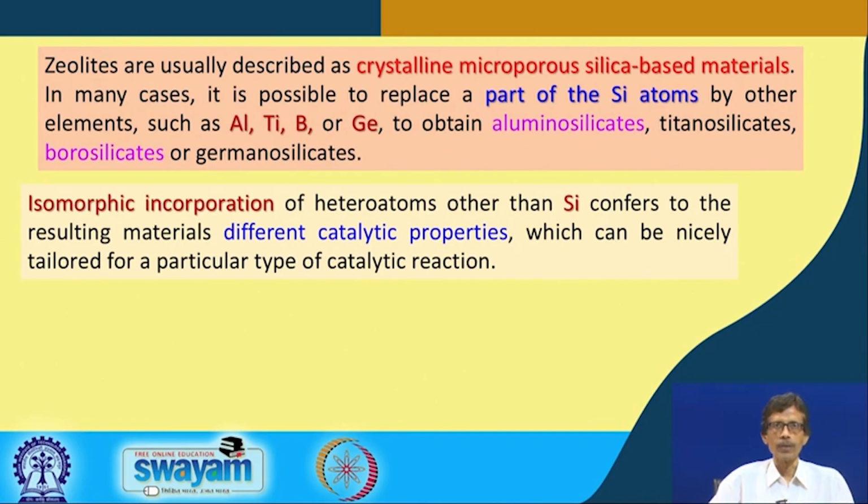That means, when you go for titanium, when you go for germanium, the nature of that particular zeolitic material is different, and we will be changing its behavior in terms of its catalytic property. So, they have different catalytic properties which can be nicely tailored for a particular type of catalytic reaction.